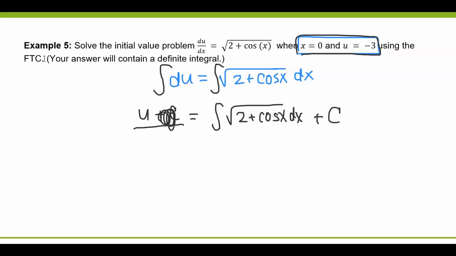That says my answer is going to contain an integral. So if you think about the fundamental theorem of calculus, it says that f of b equals the integral from a to x, or you could do 0 to x, of f of t dt plus f of a.